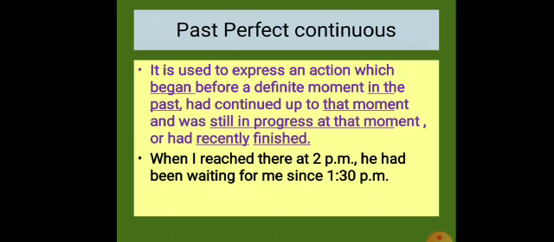Some action started in the past and it either continued till that moment, or it recently finished, or it was still in progress at that moment. So example is in front of you. When I reached there at 2 p.m., he had been waiting for me since 1:30 p.m.